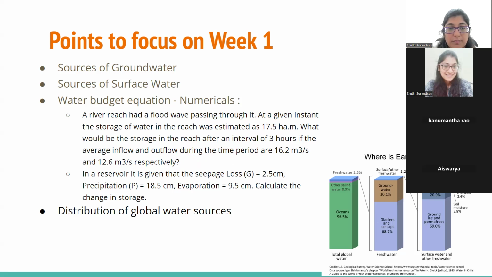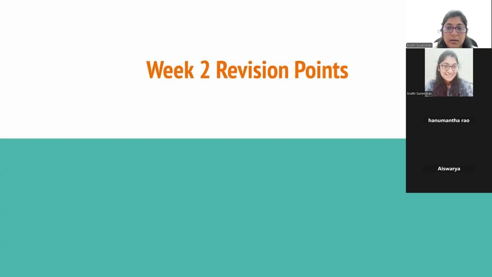So if you figure out how to do these two kinds of problems in week one, I think the numerical part of week one will be covered. Apart from that, what is hydrology? What are hydrological components? Water budget equation, very important, and the distribution of global water surfaces. All of these would be some key points in week one that you can focus on.